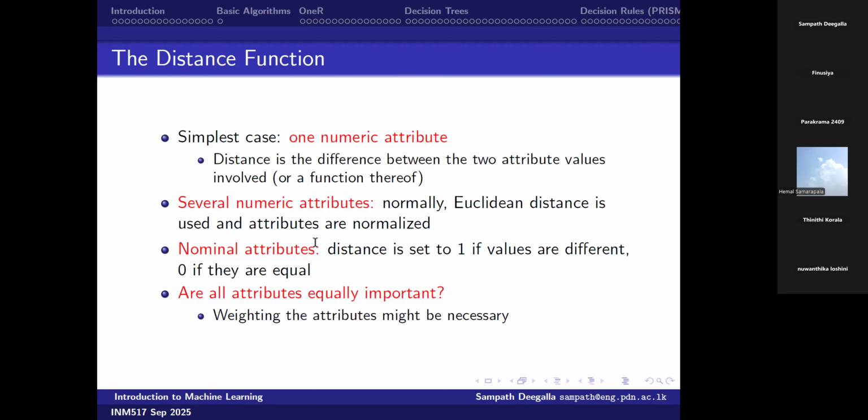If you learn regression, for example, regression coefficients indicate how important the attributes are. Similar to that, in the nearest neighbor algorithm, we can apply different weightings so that the higher the weight, the more important it is for the final decision.